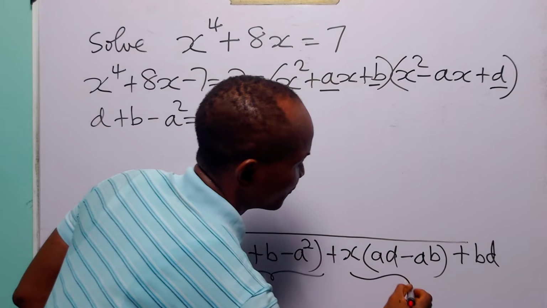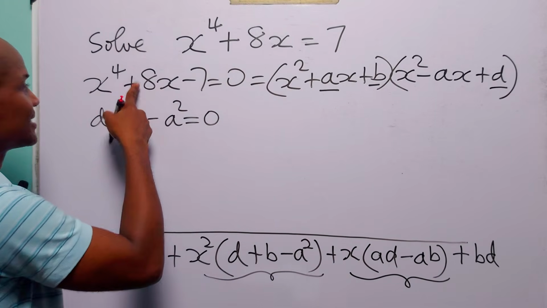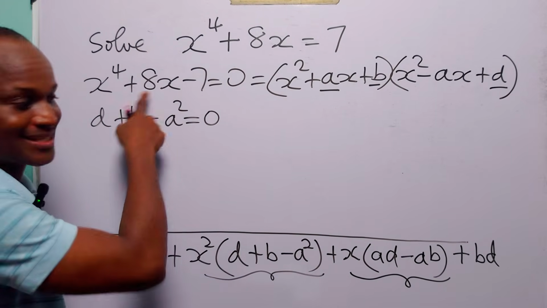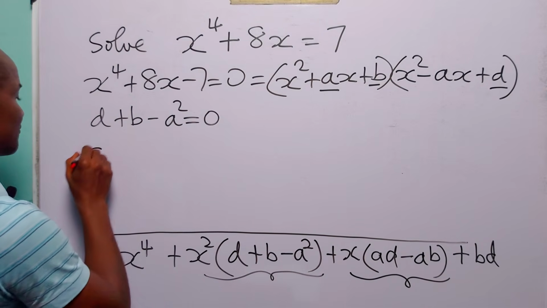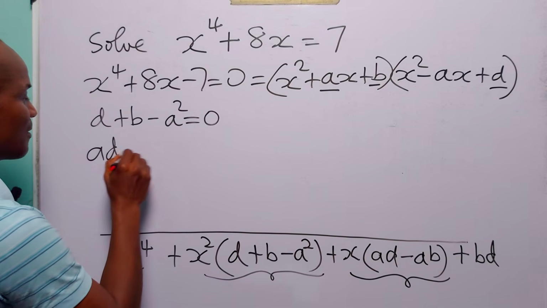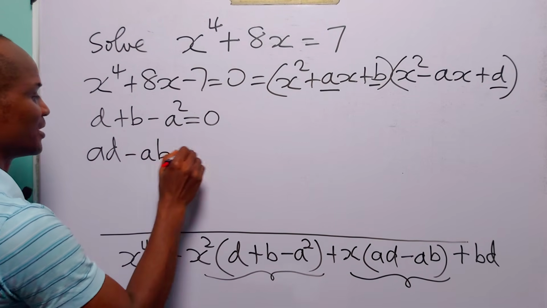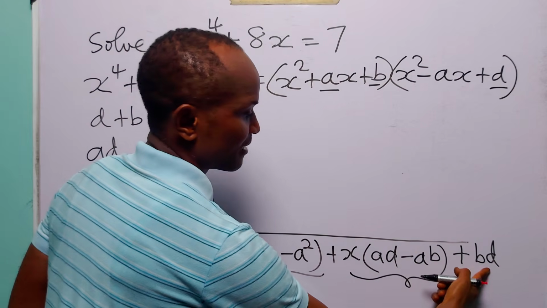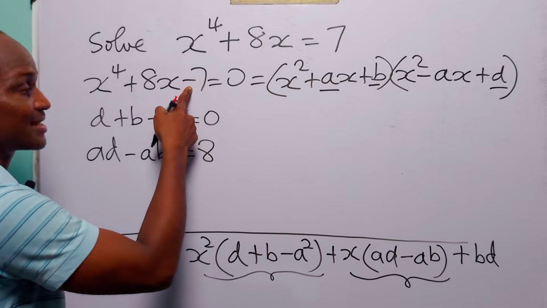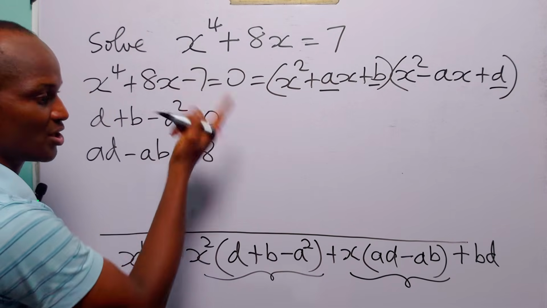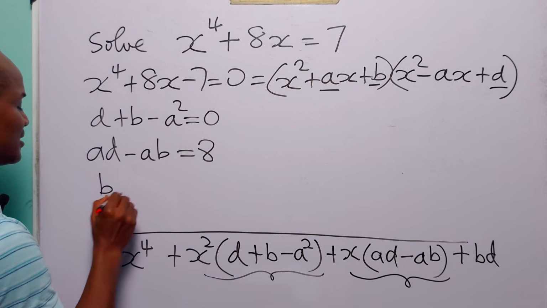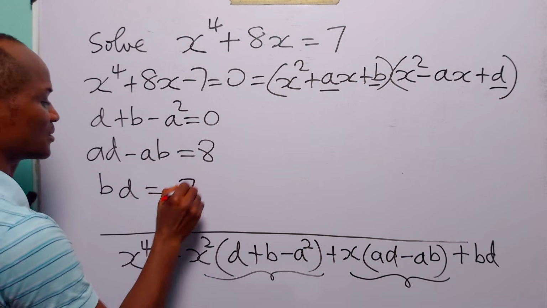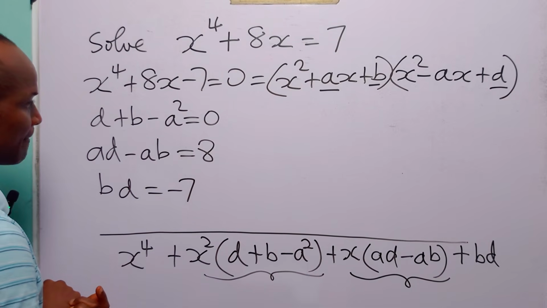Now, the coefficient of x is this. In this equation, the coefficient of x is 8. So that means that ad minus ab must be equal to 8. And finally, the constant term is bd. The constant term here is minus 7. So we have that b times d is equal to minus 7.